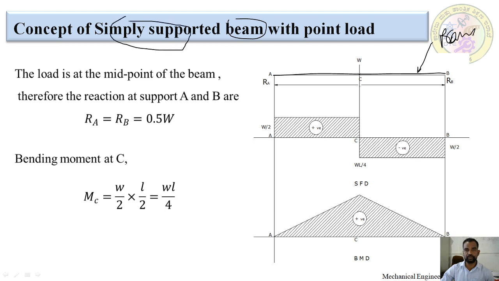What do you mean by simply supported? It means we give simple support at both ends. Whenever the support is required, we give the support, and whenever it is not required, we remove it. These two are called supports. You have to remember, whenever there are supports on the beam, there will be reactions.